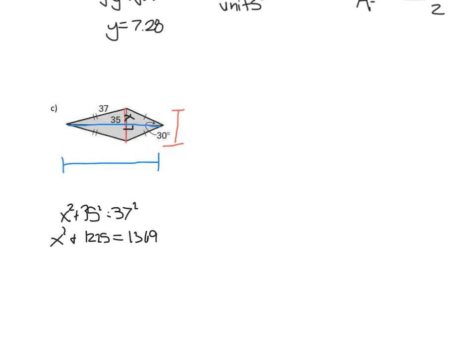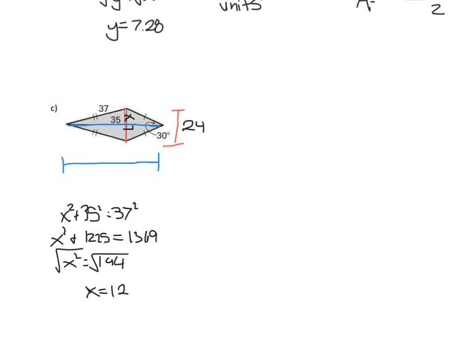You subtract 1225 over, so I've got x squared is equal to 144. Take the square root of that, and this actually came out nice. X is equal to 12. So if that's the case, I know that x is 12 and x is 12, so 12 times 2 is 24, so that is the length there of my red diagonal.